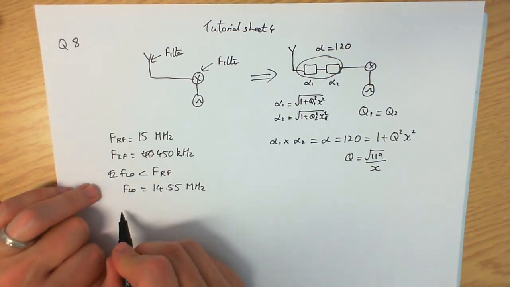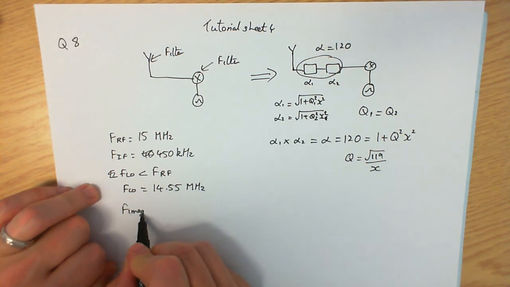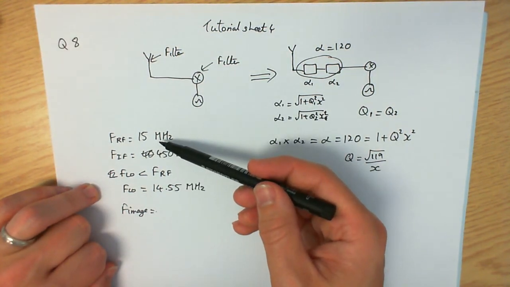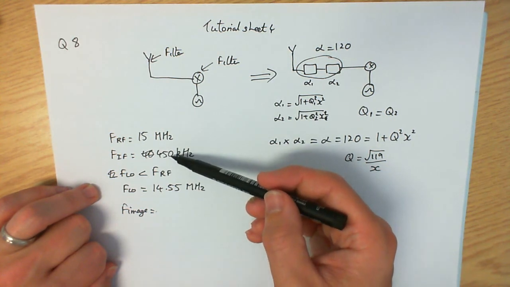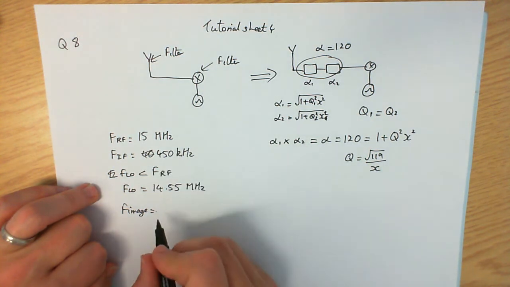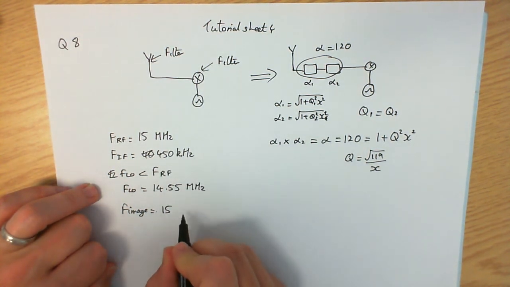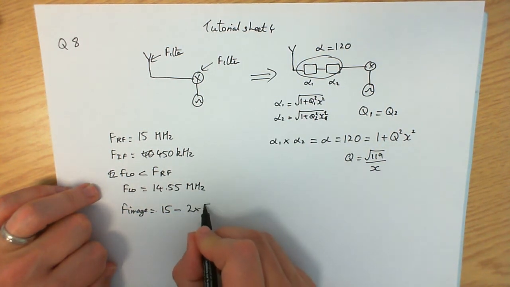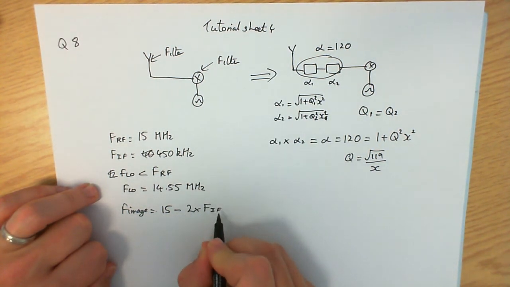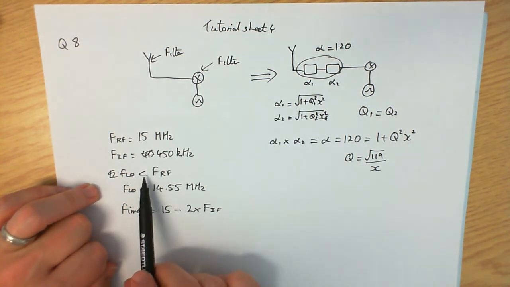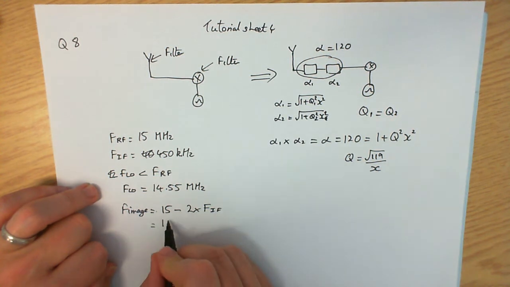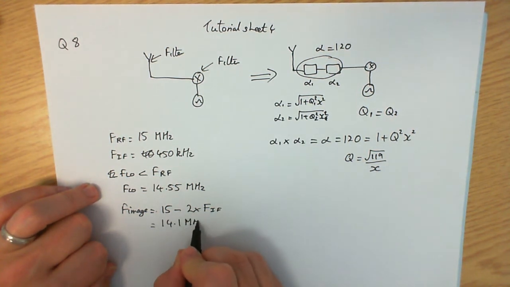So our image frequency is going to be our signal frequency, minus twice our IF frequency. So we're going to get 15 subtract 2 times our IF, because the local oscillator is below the RF frequency, and that gives us 14.1 megahertz.